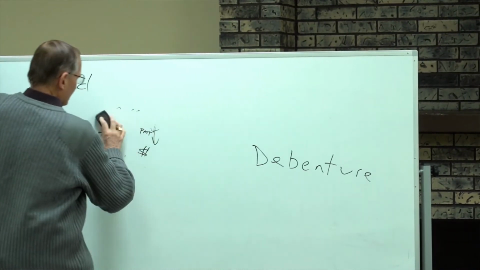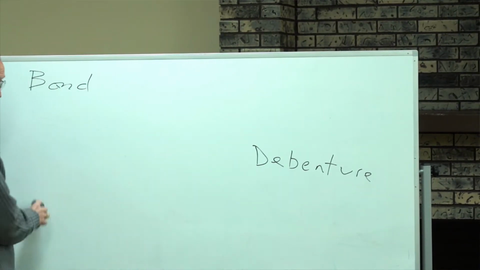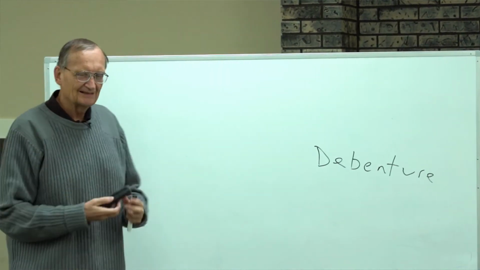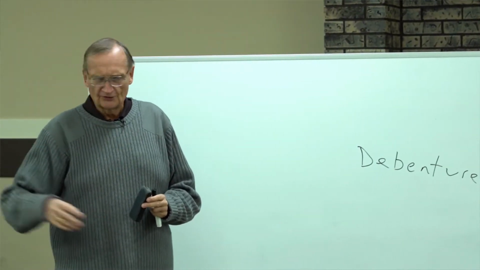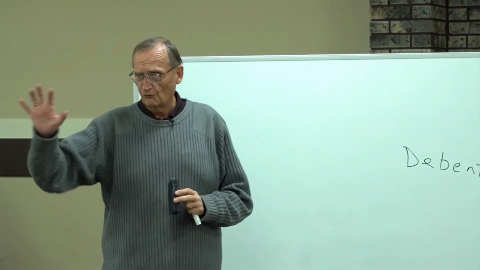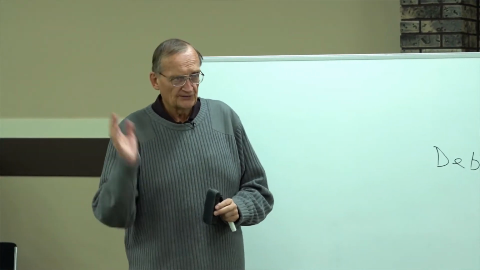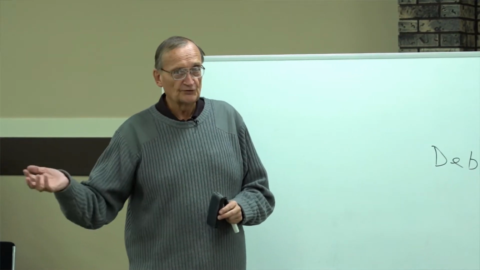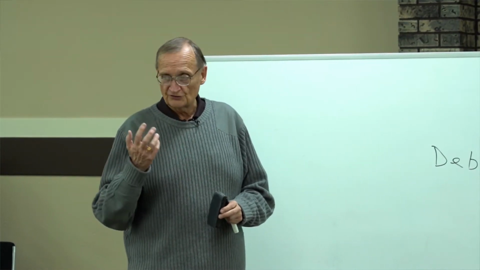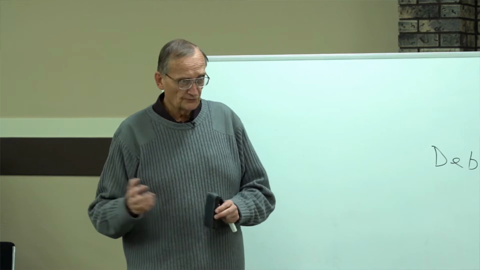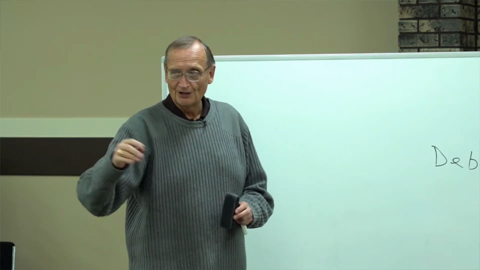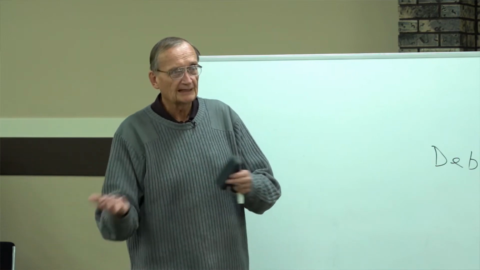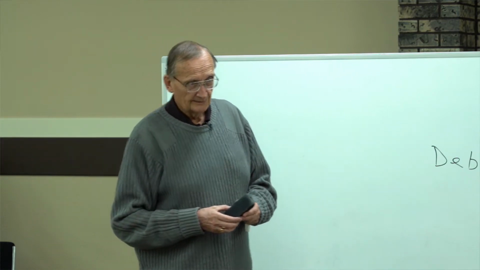So when a company has a debenture, it's a bond where they don't actually list assets or anything else. They just give you the company name, Ford Motor Corporation. That's it. And you'll find that that's different than other companies. For instance, there are such things as mortgage bonds where they sell you the bond and then there's literally a mortgage and all the assets of that company backing the bond. Okay?